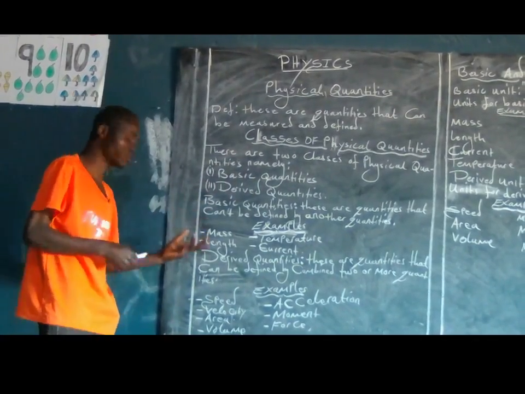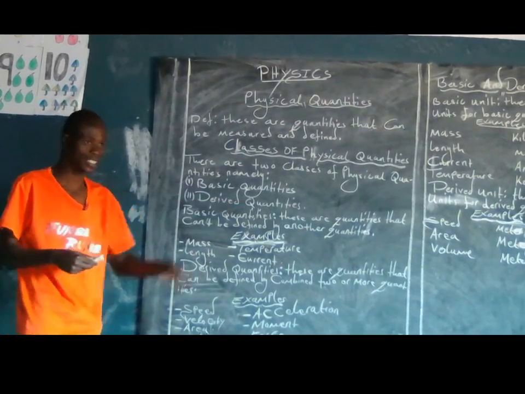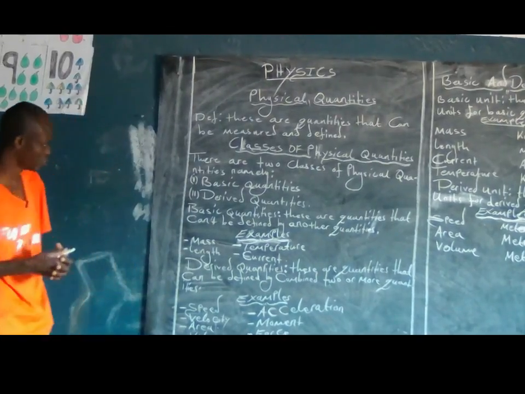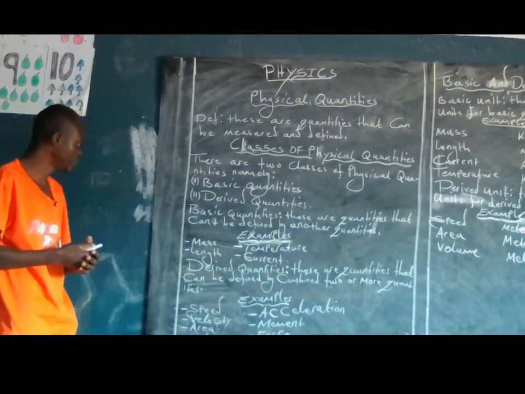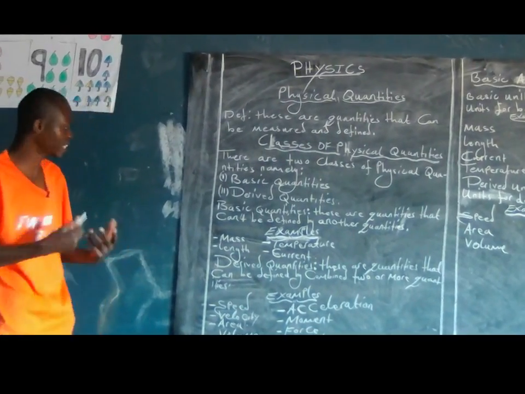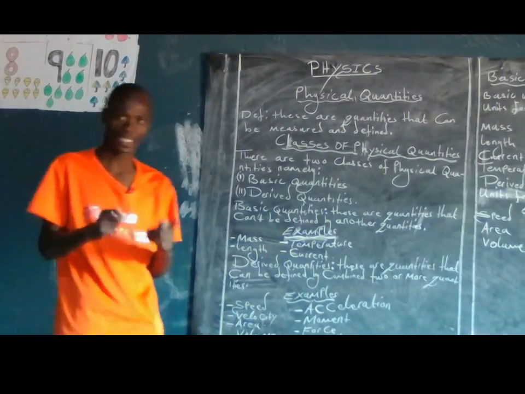Let us look also at the second part, which is derived quantities. What are derived quantities? These are quantities that can be defined by combining two or more quantities.